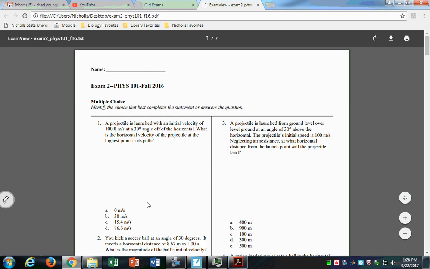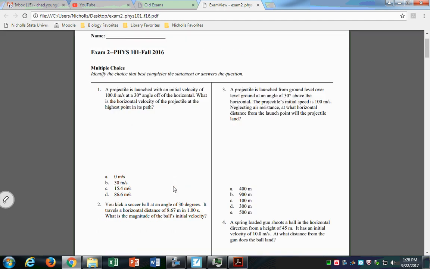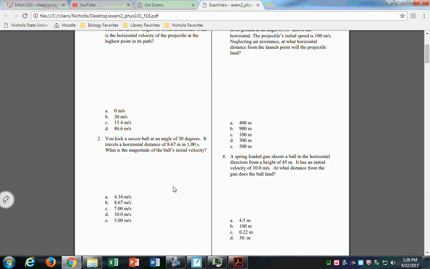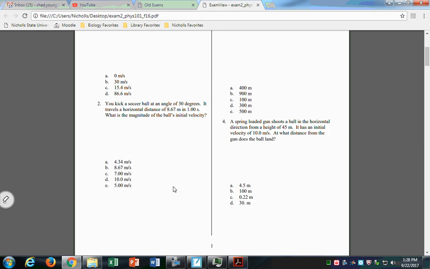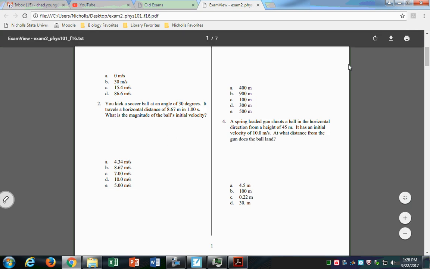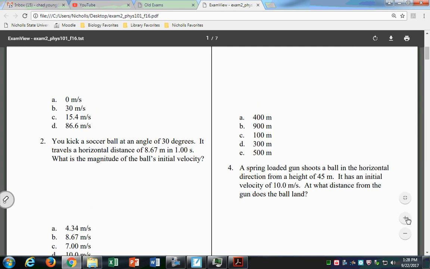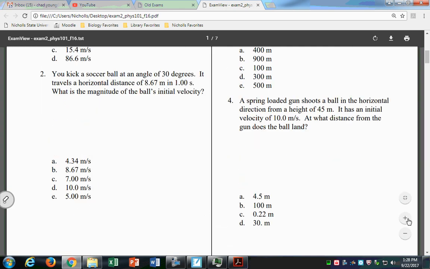All right, so here I have the fall 16. These are similar to ones that we've worked. Oh, let's look at number 2. So this one is a little bit different, but it's going to work a lot similar to what we've done.